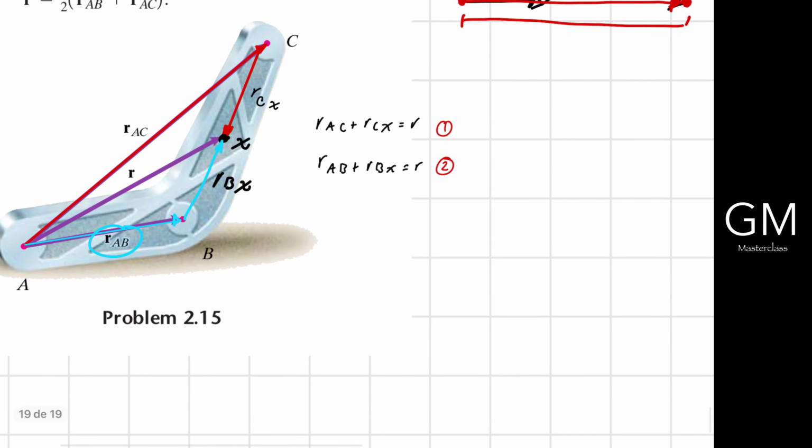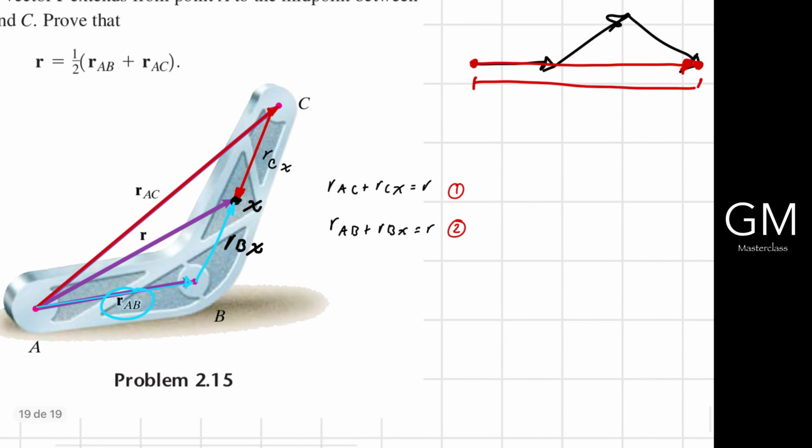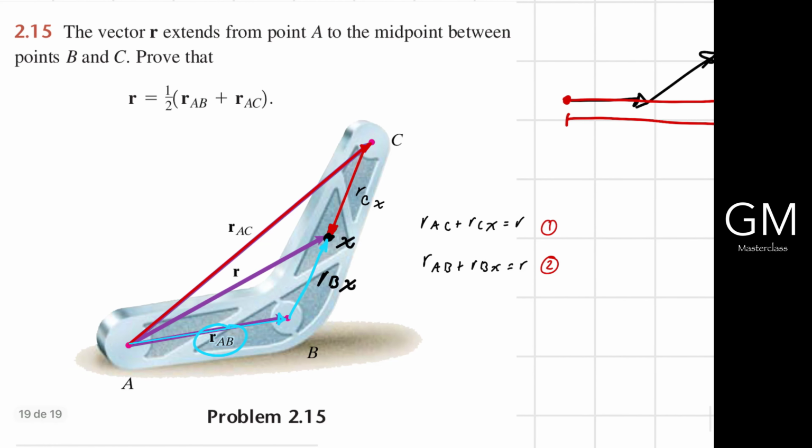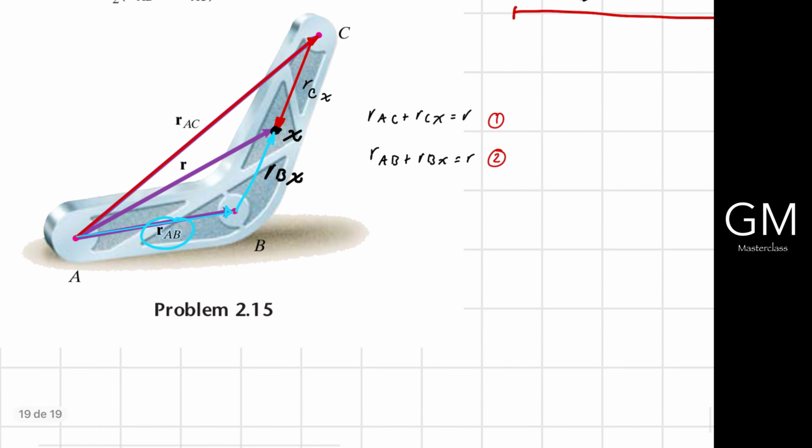This third equation that we are going to use is one that appears taking into account this magnitude. As you can see, they are telling me that r extends from point A to the midpoint, and this is the important part, between points B and C. So I can be sure that r_CX and r_BX are going to be the same, at least talking about the magnitude. Why is that?